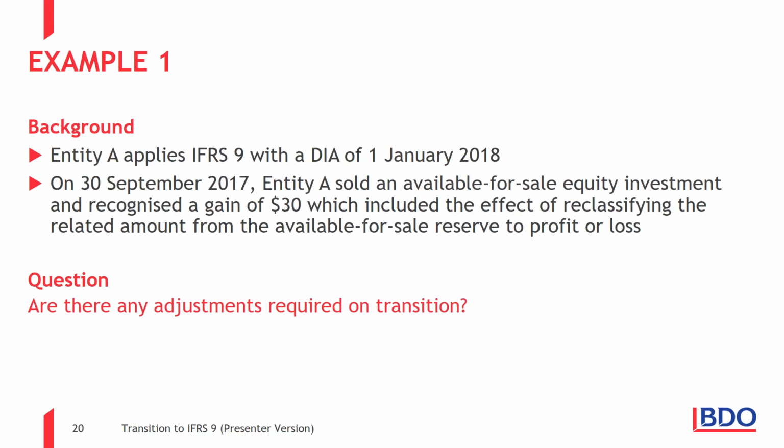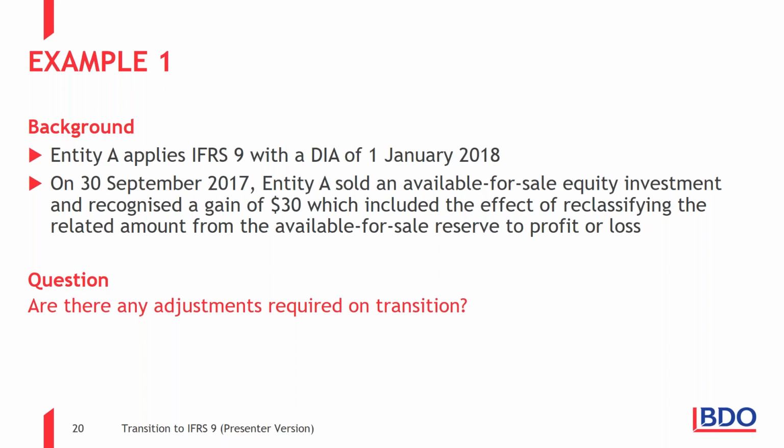So in example 1, entity A applies IFRS 9 with a date of initial application of 1 January 2018. Now on 30 September the previous year, entity A sold an available for sale equity investment, an AFS equity investment, and recognized a gain of $30.